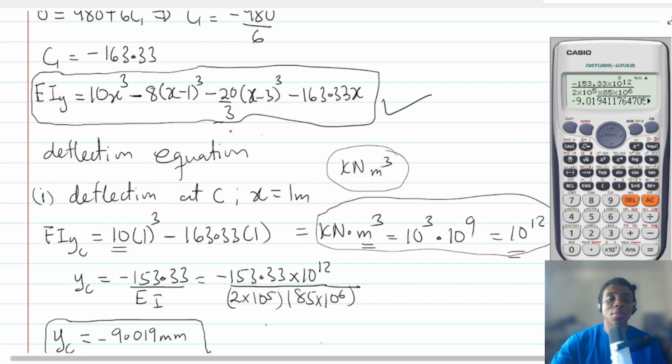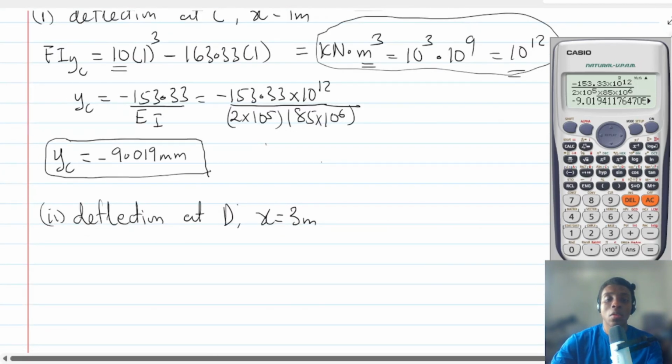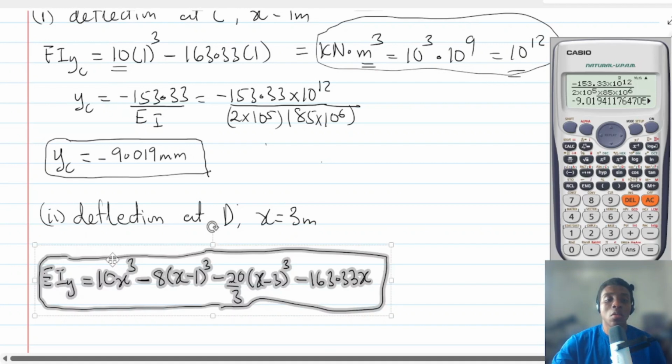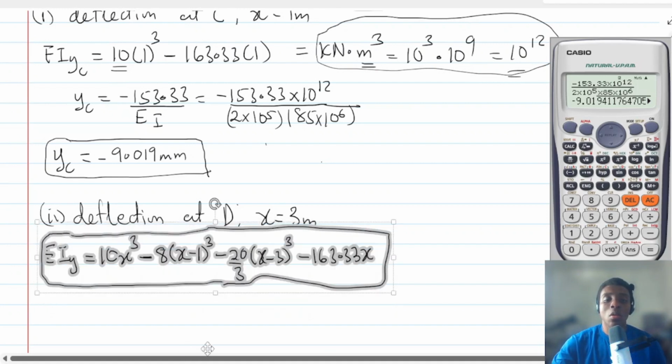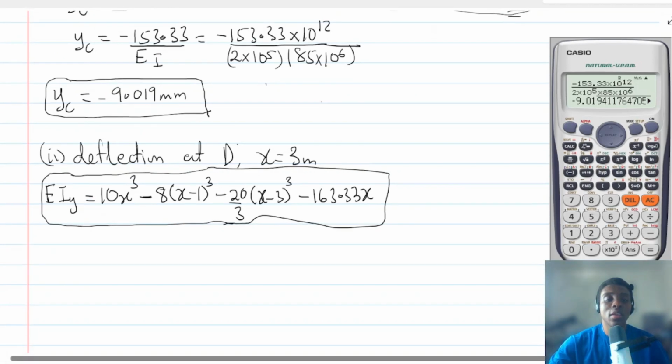Or maybe let me copy the equation. All right. Okay. So I've copied the equation. Let's put x equals 3 inside.